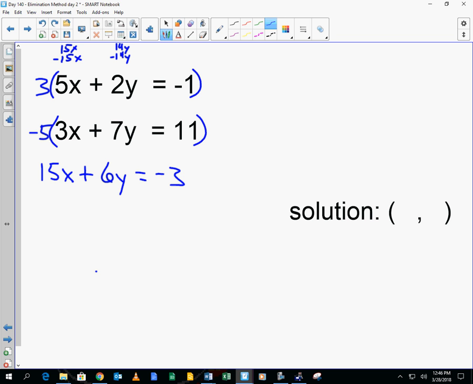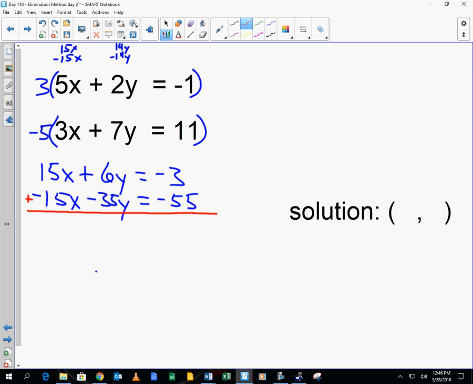Negative 5 times 3x. Negative 5 times 7y. And negative 5 times 11. And I will take those and I will add them together.